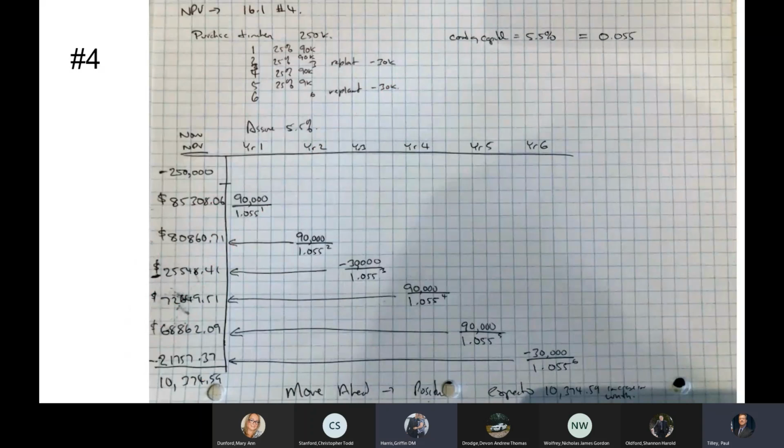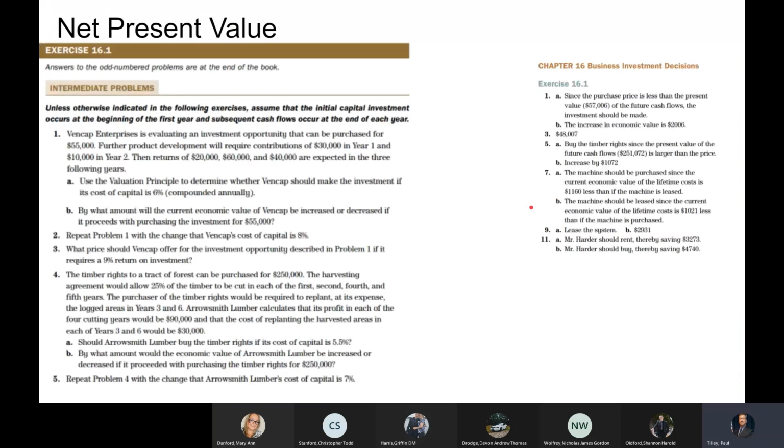Yeah. In question 5, it says repeat problem 4, but change the cost of capital to 7%. So I just changed it to 7%.